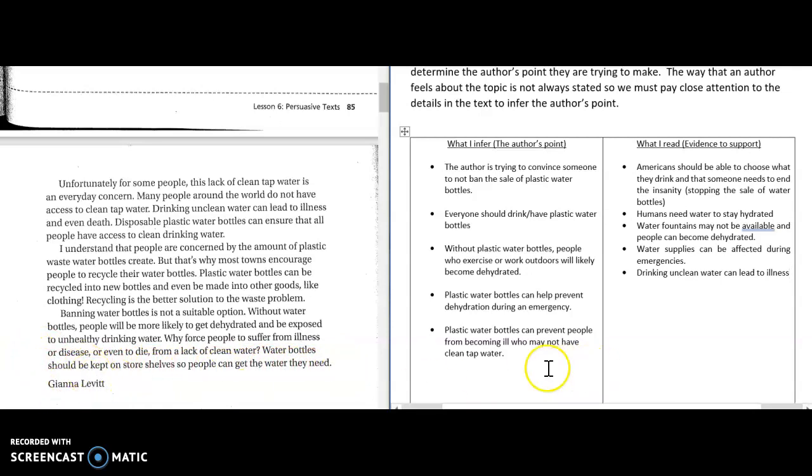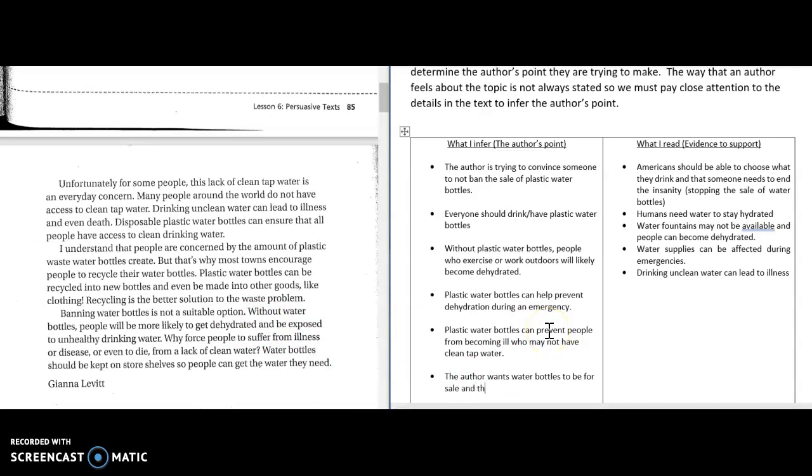All right, so the last part, the part that I infer, is that the author wants water bottles to stay on shelves, or to stay for sale. Let's see, there was one more part that I wanted to put here.